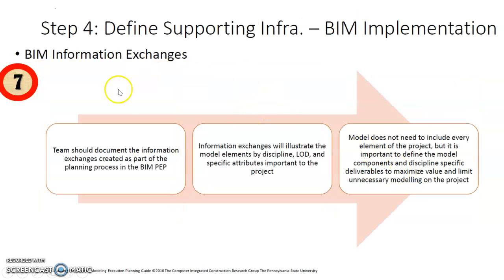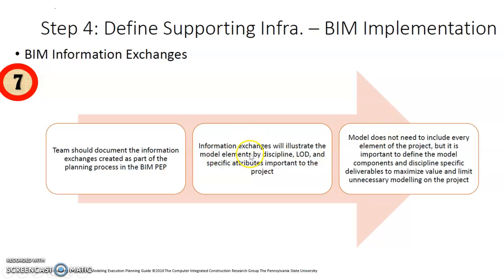Then this one is pretty much like step 3, where the team will document the information exchange created as part of the process planning in the PEP, project execution plan.